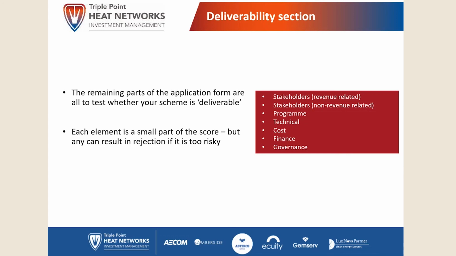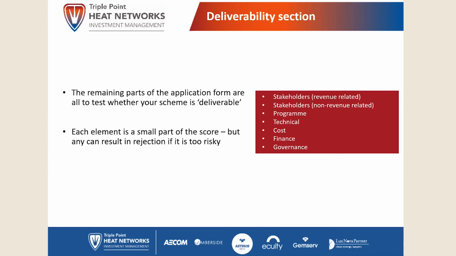So the main application form, the non-FEAM application, is predominantly about deliverability. There are a lot of questions, and each one will have a relatively small impact on the score, but what we're looking for is the overall summation of the evidence that we're getting.